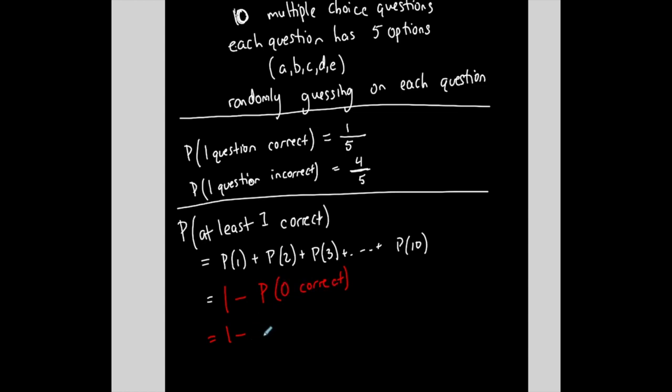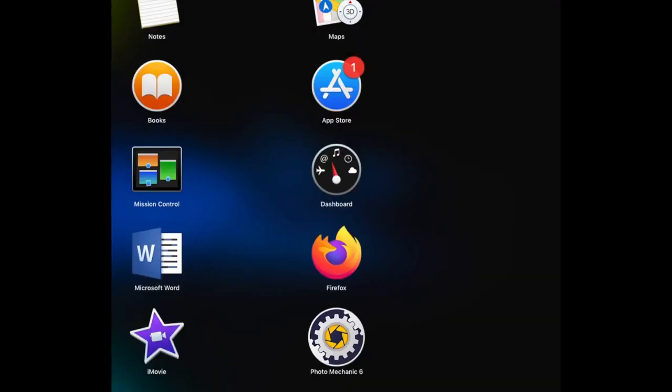Well, these are independent events, right? The probability of me getting one question correct is not going to affect the probability of me getting a second question correct, because I'm randomly guessing on all of them. So what is the probability that the first question is incorrect? 4/5. And how many questions are on this test? 10 total questions. So let me grab my calculator real quick.